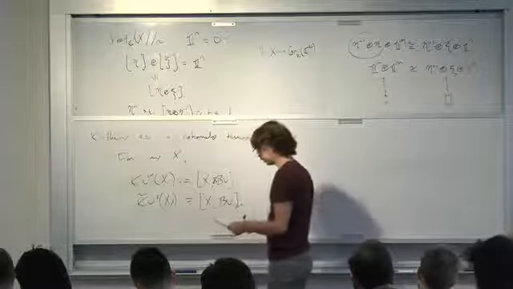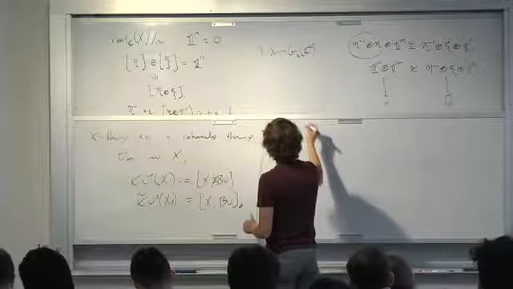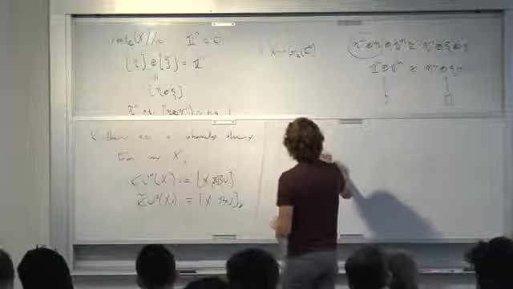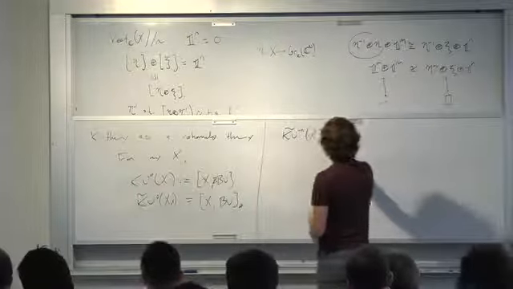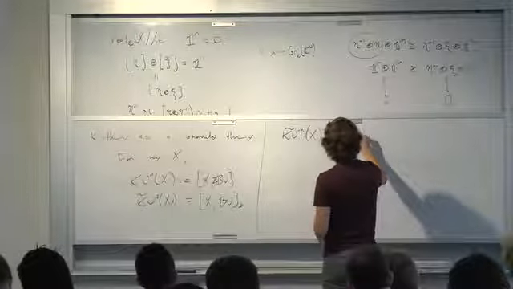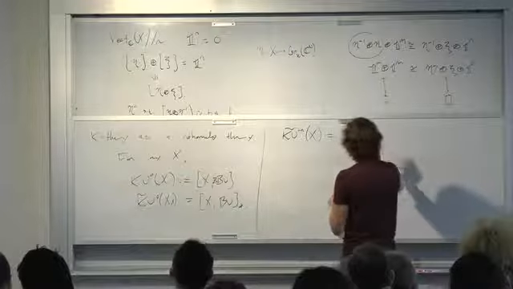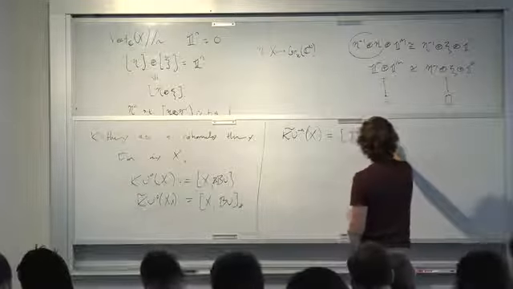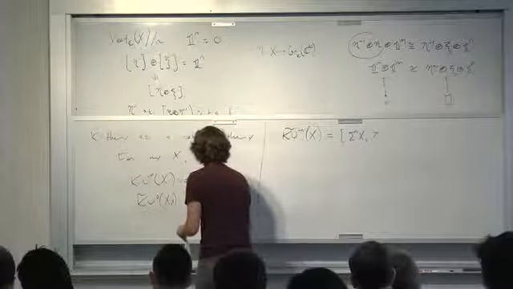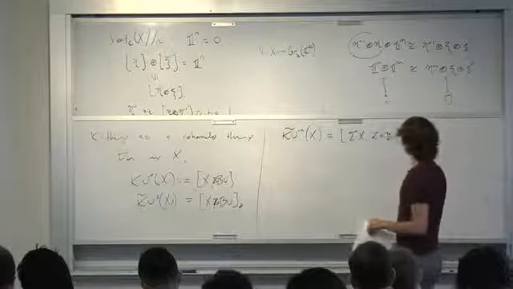Okay. So now what I'm going to do is extend this definition in a standard way, and define KU to the minus n of X to be homotopy classes of maps from the nth suspension of X to... actually what I really wanted to do was write this, and I'm just going to keep doing that.